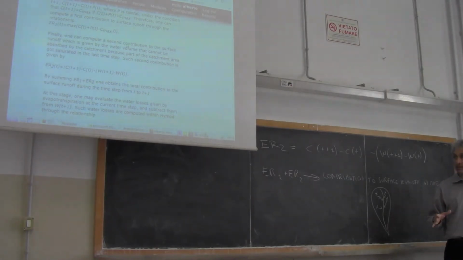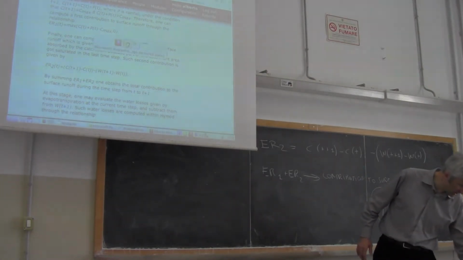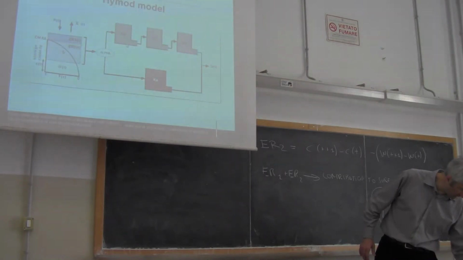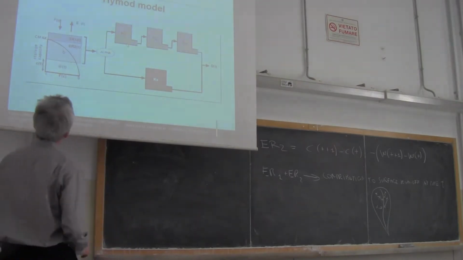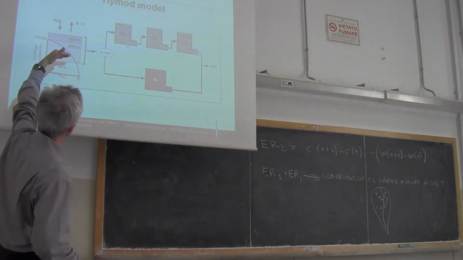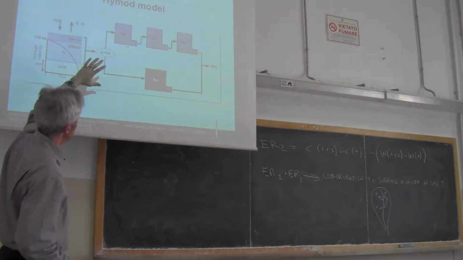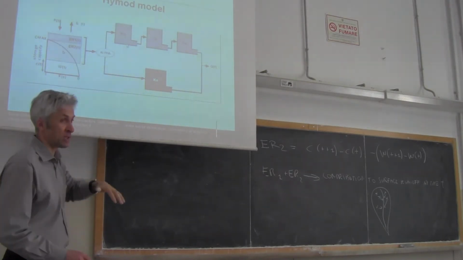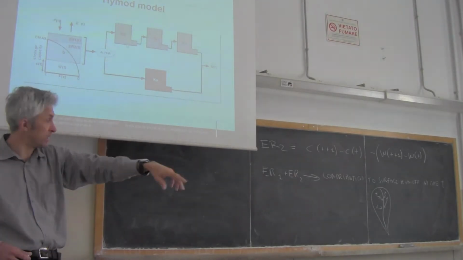And the model does it by introducing a conceptual scheme. And at this stage I can go to my presentation. Basically, you have here ER1 and ER2. They are summed. And then there is a conceptual scheme that simulates the travel of each drop of water to the river and to the closure.